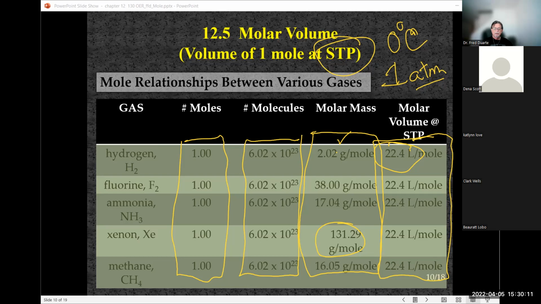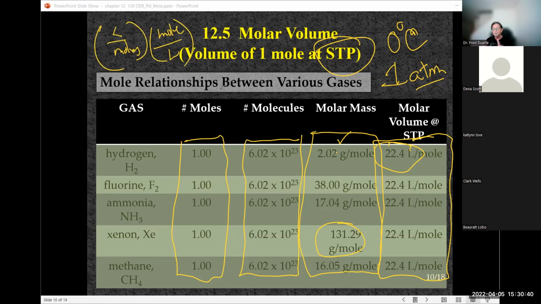All right, so that means that 22.4 liters per mole, guess what? It's another ratio, liters per mole, or moles per liter, okay? And I can use this for calculations of gases at STP, because if I know the volume of a gas at STP, guess what?